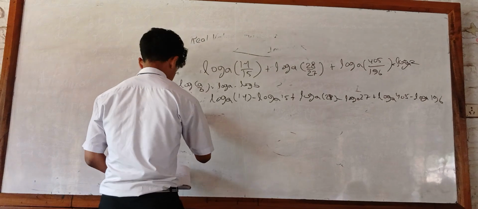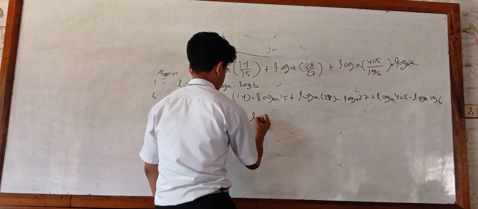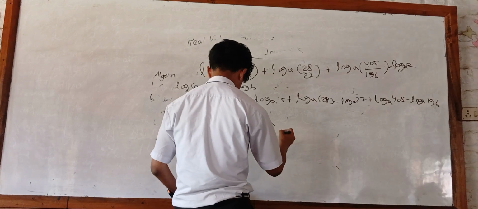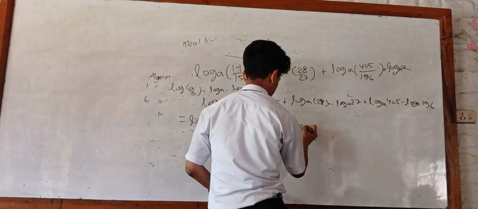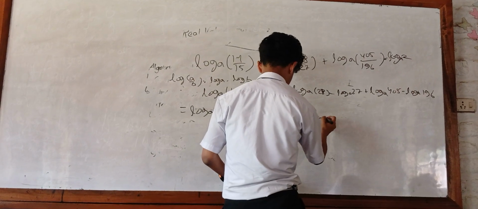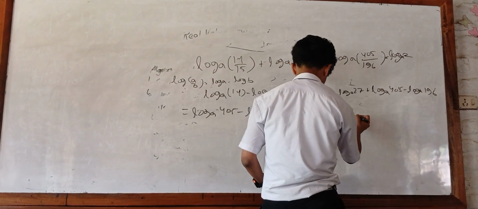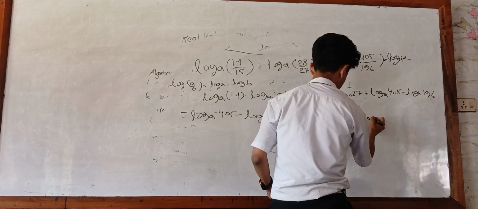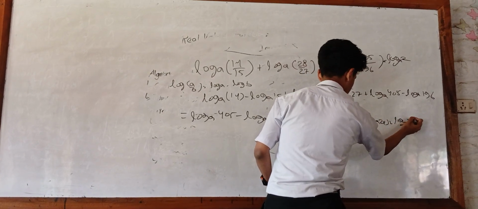So we have to do log a 405 minus log a 27 minus log a 15 minus log a 196 minus log a 28 plus log a 14.